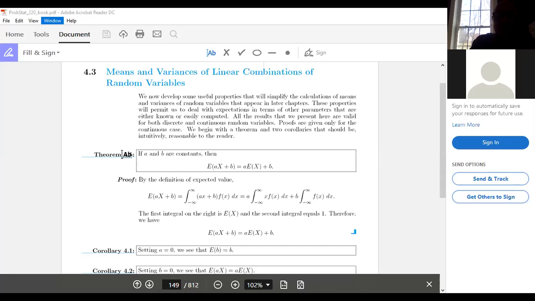Means and variance of a linear combination of a random variable. That's what we are going to do today. So let me stop sharing and start my whiteboard.